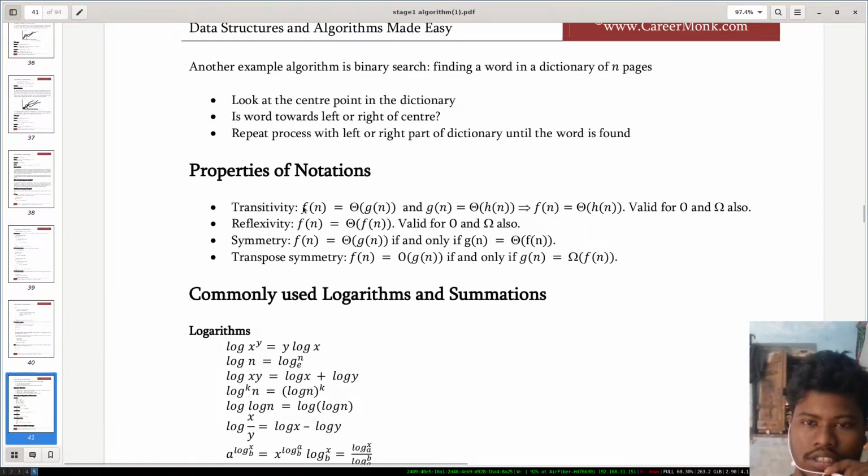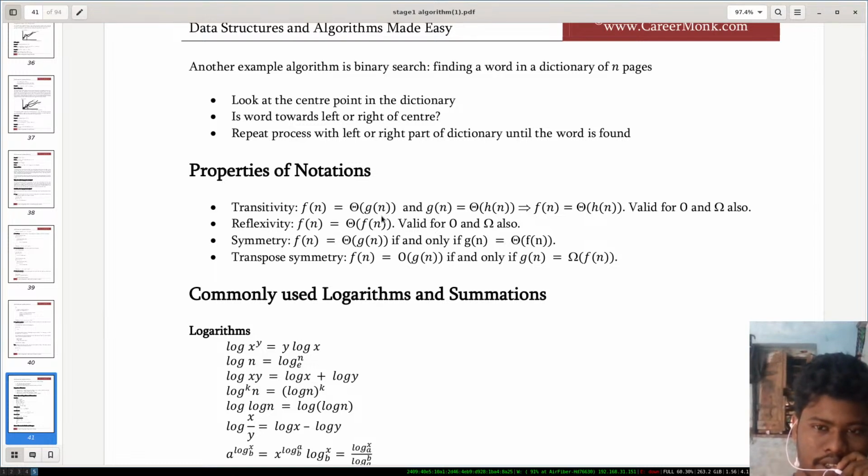Okay, now transitivity: f(n) is big O of g(n), and g(n) is big O of h(n). Oh my god, this is quite dangerous. Okay, symmetry. Transitivity: when f(n) is big O of g(n) and g(n) is big O of h(n), then f(n) is big O of h(n). This is valid for big O and omega also.